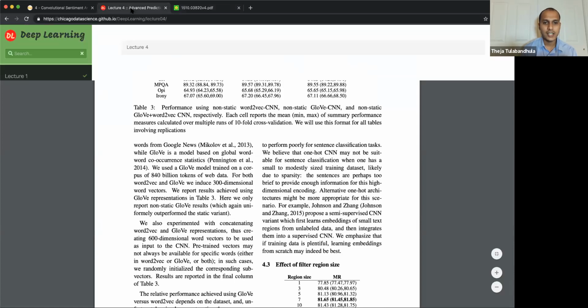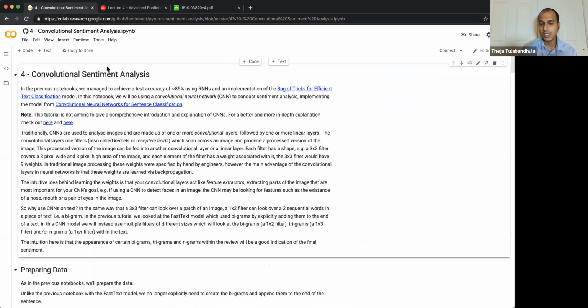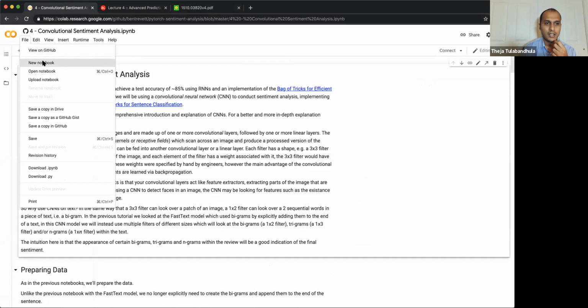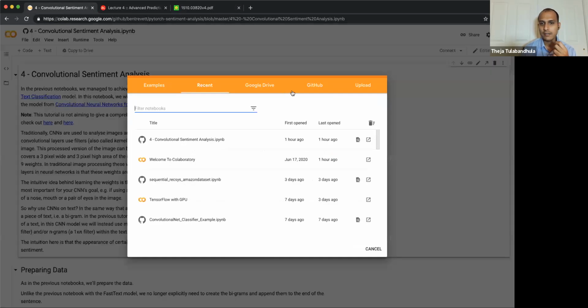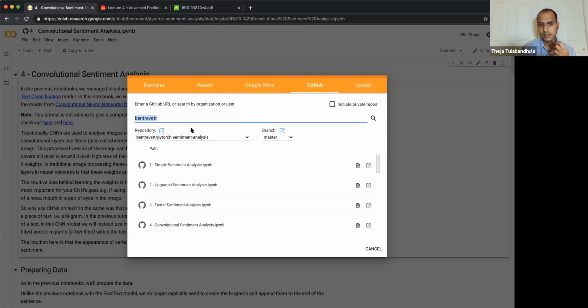What you can do is pick this particular repository. You can see the link here, right? So you can open it on Colab. Last time I opened our own repository to show you the CNN classifier, very quickly. That's what I did: I just did File, Open notebook, went to GitHub, and then you can copy that link here.